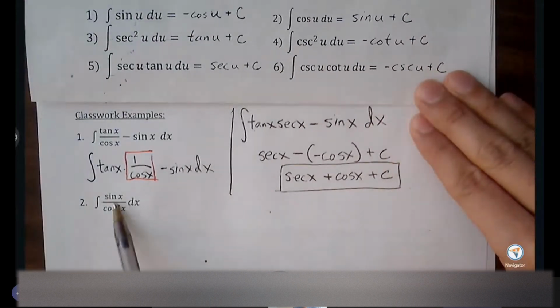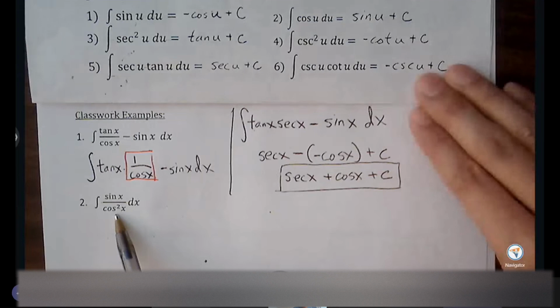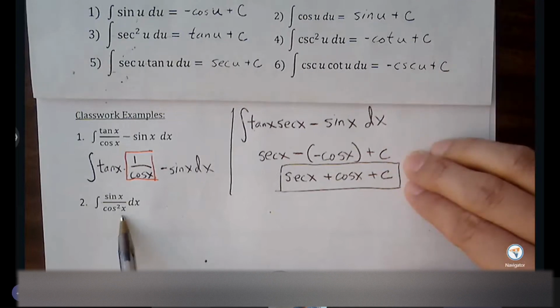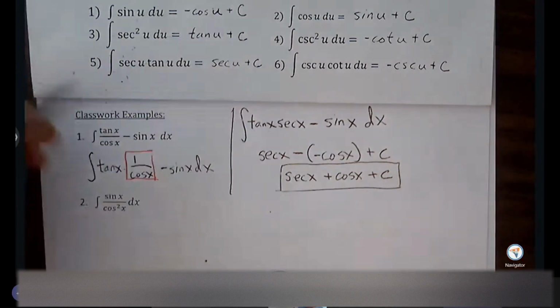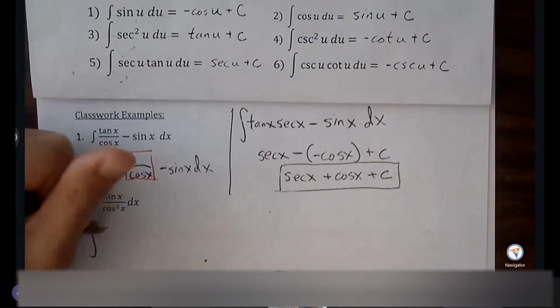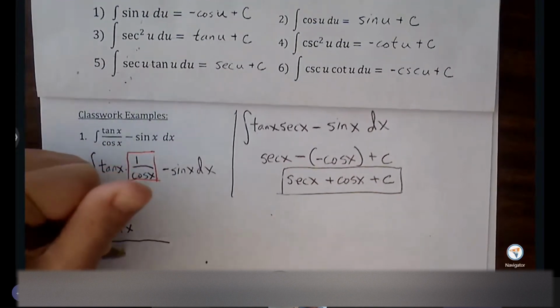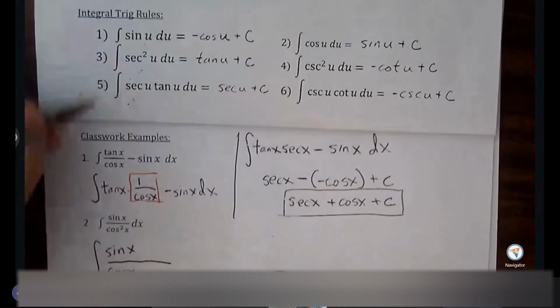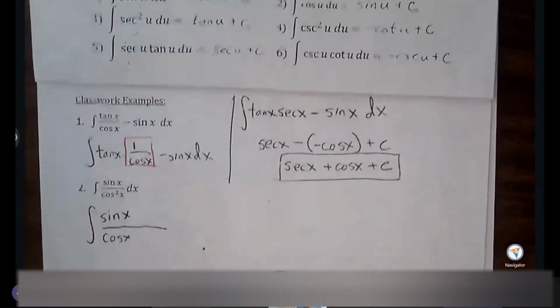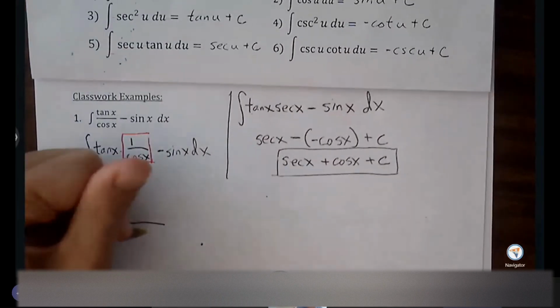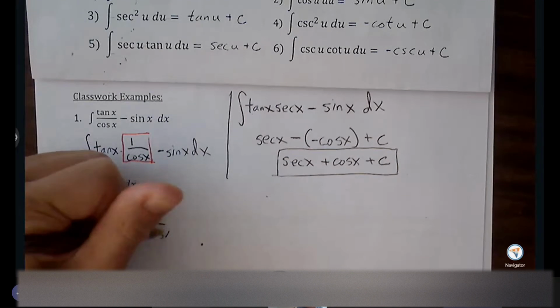All right, number 2, we have sine x over cosine squared x. What if I split that cosine squared x out? Because right now this doesn't match any of the rules that we have. So maybe I can just create a different variation of this problem.